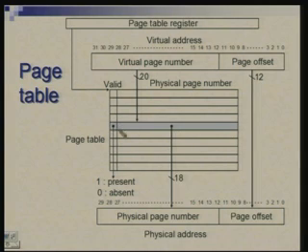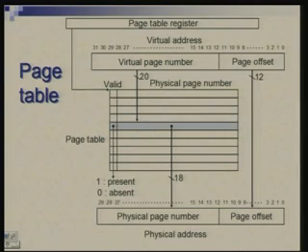There is a bit apart from this physical page number, which is the valid bit and has a similar purpose as we have seen in cache. It will tell whether this particular virtual page is present in physical memory or it is not present. So, if it is not present in the physical memory, we need to know the address of this page on the disk, because we have to get it from the disk.